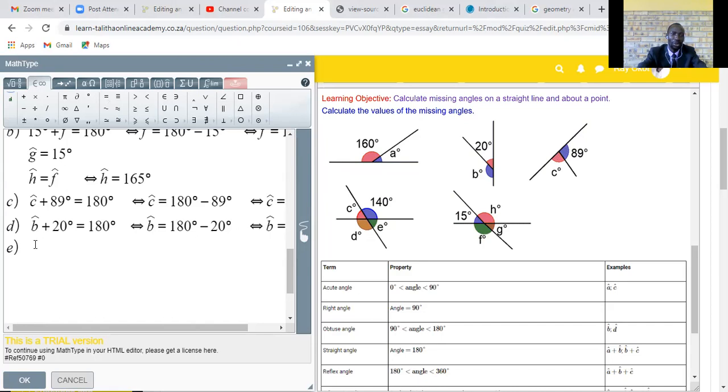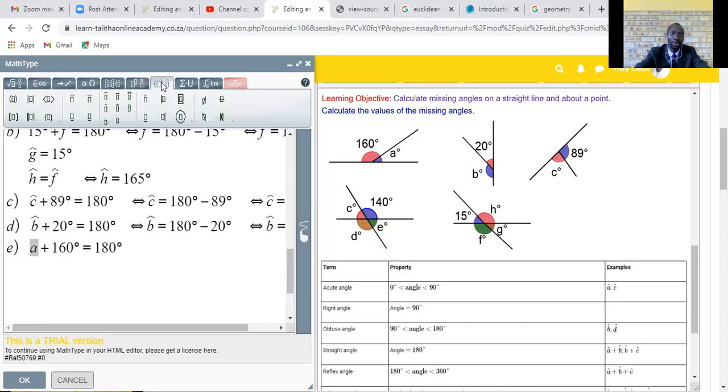So that is supposed to let us know that angle A added to angle 160 degrees should give us 180 degrees. From here, we can find the value of angle A. This is possible because we transfer 160 from the left-hand side to the right-hand side.